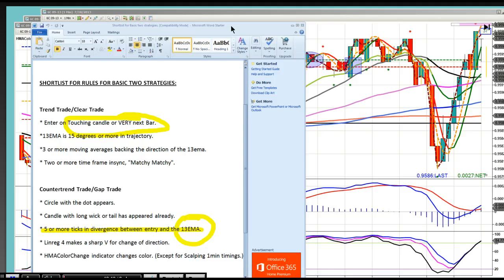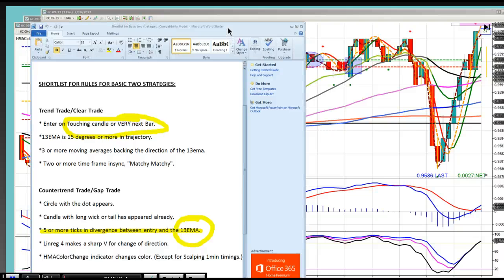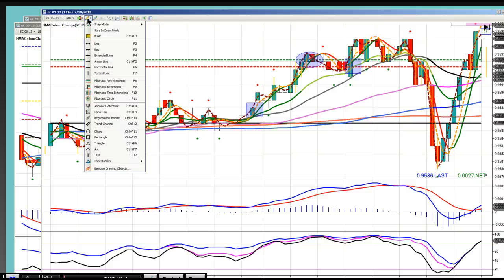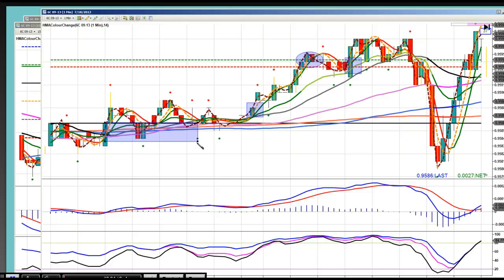What about those head fakes at 905 and 910? Well, you have to remember that this is when your moving averages are in a cluster. We call that a fist. When the moving averages are in a fist, you want to avoid trading. You want to be as late to the entry as possible.